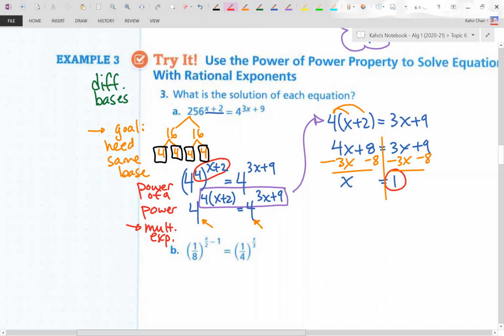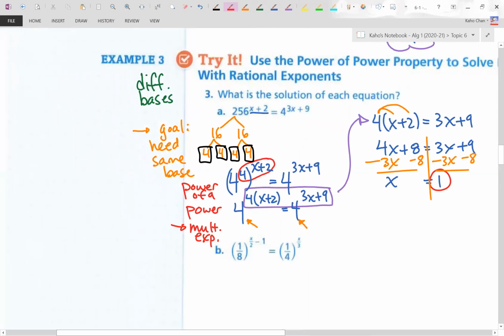Now, before I move on, I want to point out that the base 4 could have been broken down further. If you actually did it manually off to the side and just started dividing by 2, there's nothing wrong with that. I just want to show you that this can be done this way too.